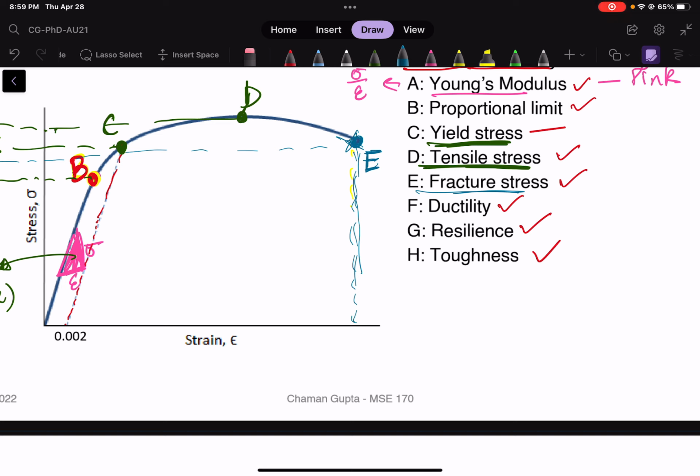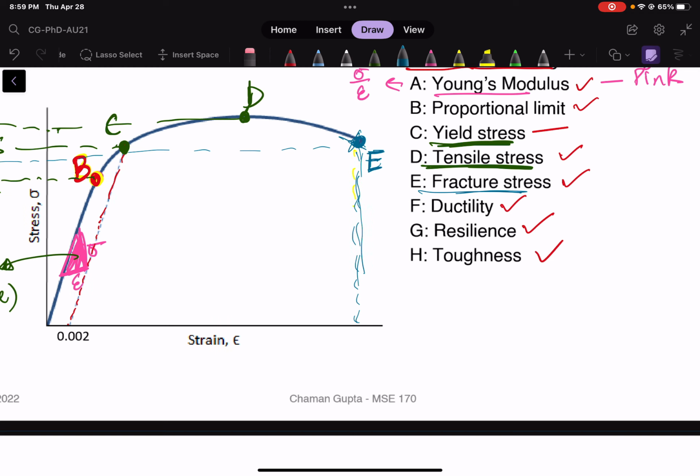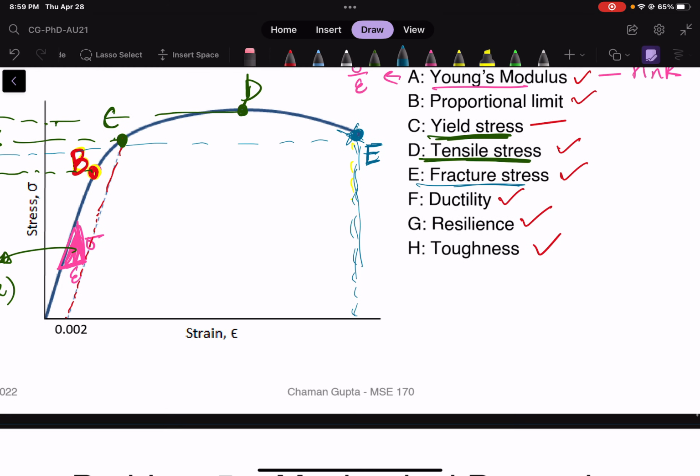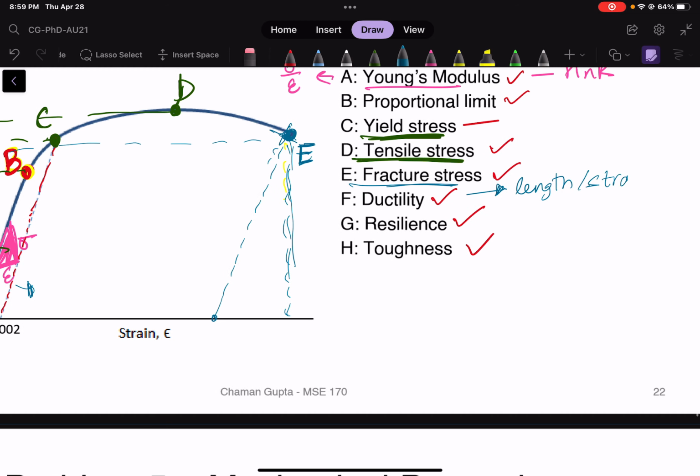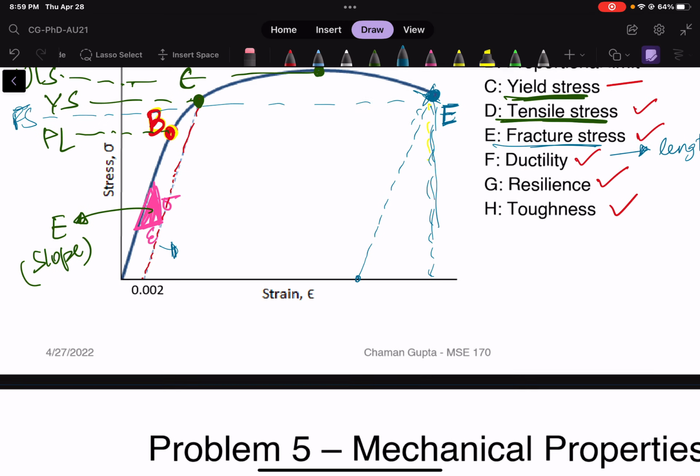So with this fracture, this entire region is how you can define the ductility. And the way you do that is that you take the same slope as the epsilon as your Young's modulus, and draw a line that traces itself back from here. And again, remember, ductility is sort of a measure of length, or strain, or change in strain.